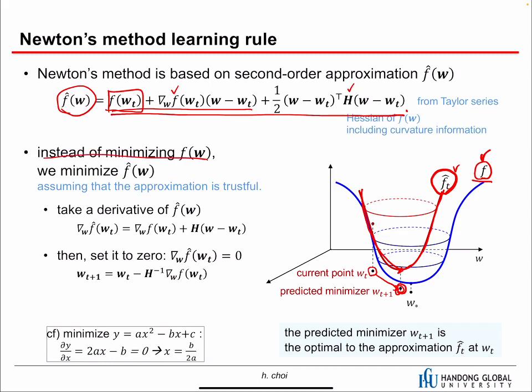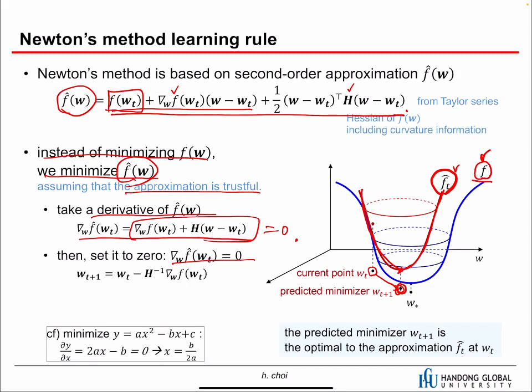Instead of minimizing f of w, we minimize f hat, assuming that the approximation is trustworthy. To minimize f hat, we take a derivative of f hat and set it to 0.